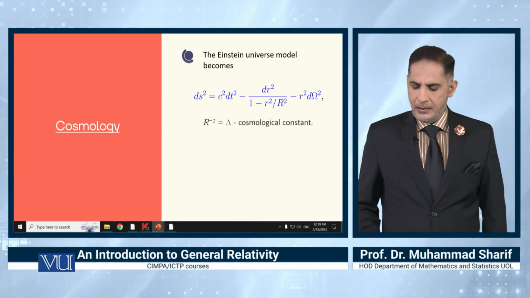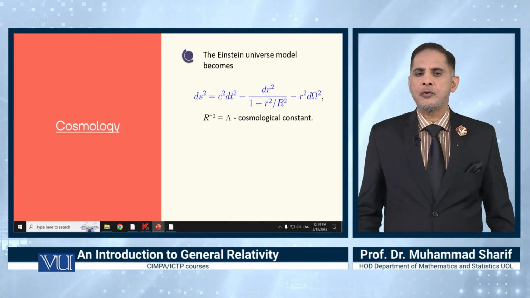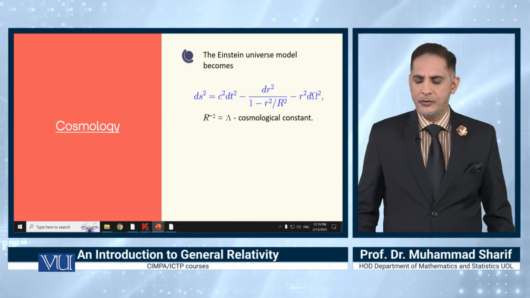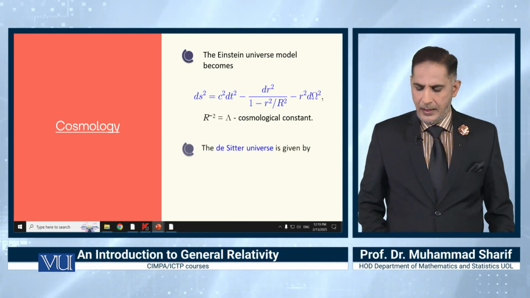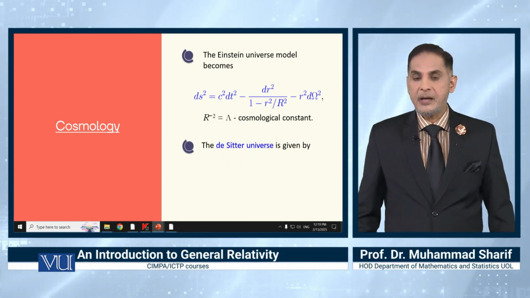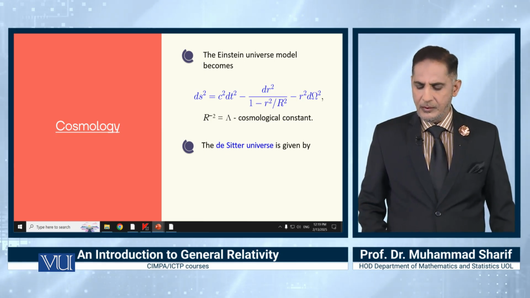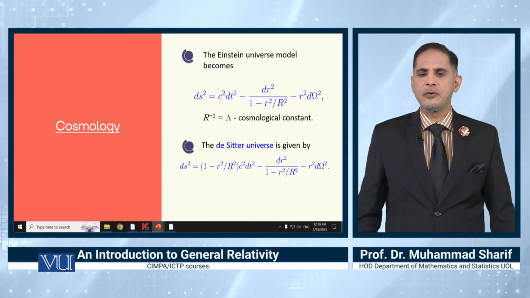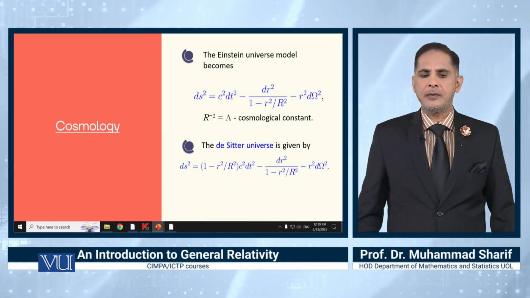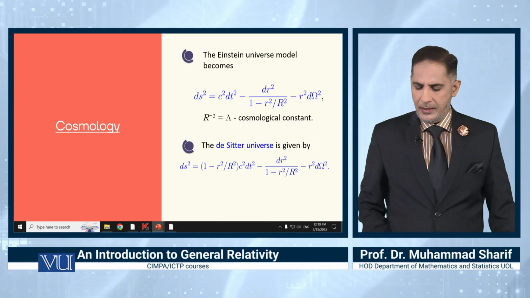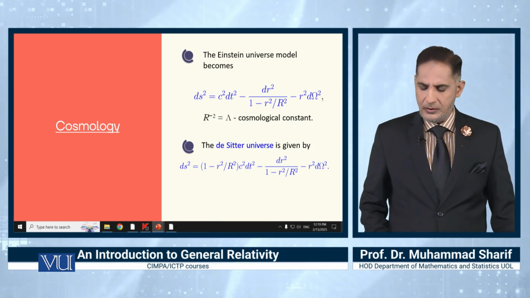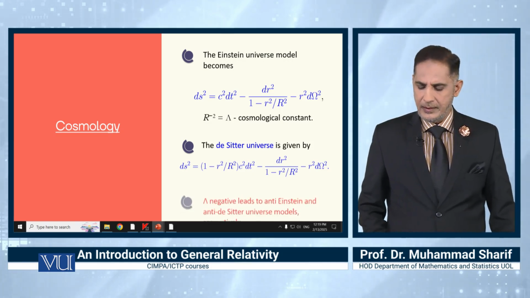So as you can see, r raised to minus 2 is the cosmological constant. And for case 2, we can solve the system, and then we have the second solution. This is called the de Sitter universe model, and similarly here r is not the Ricci scalar but a constant.